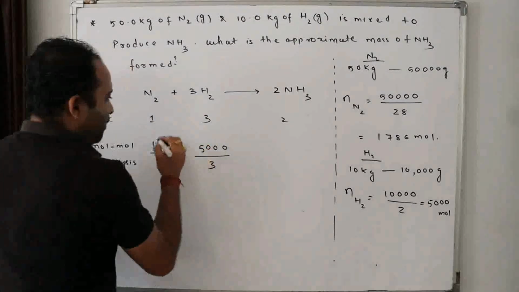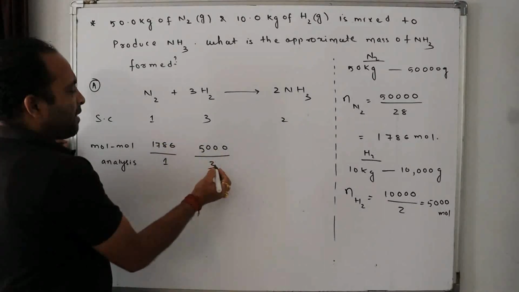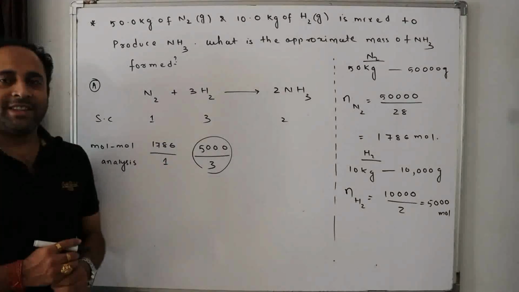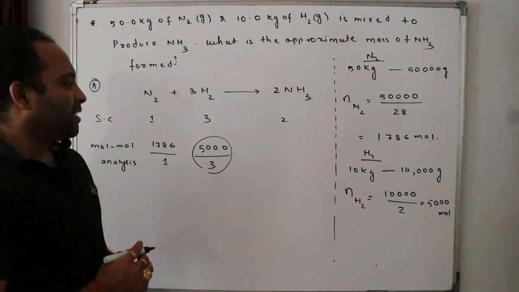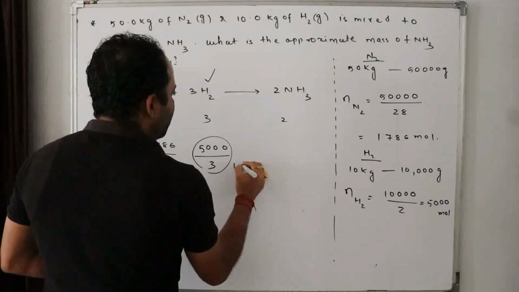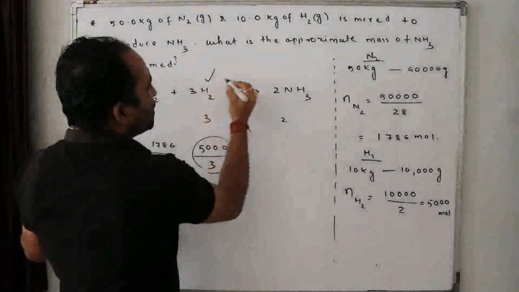So if I want to find the limiting reagent, so this is 1786, this is 5,000 by 3, which is less than 1786, isn't it? It is less than 1786. So who is the limiting reagent? Hydrogen is the limiting reagent. Now here 3 moles is giving 2 moles.